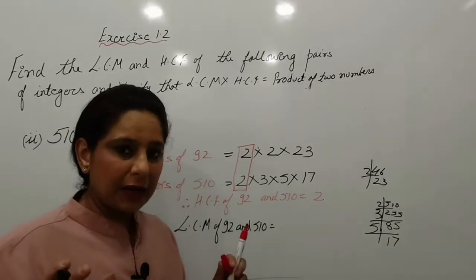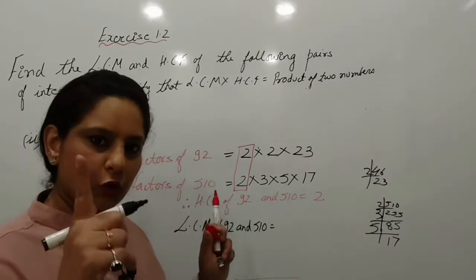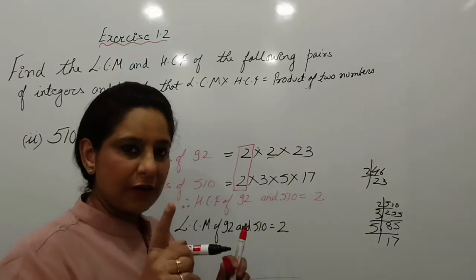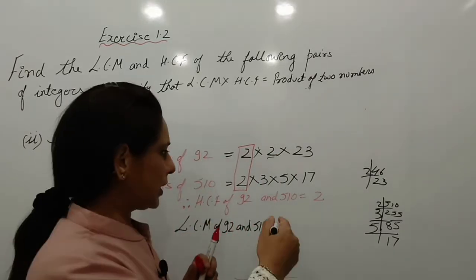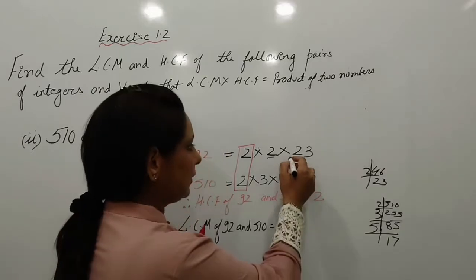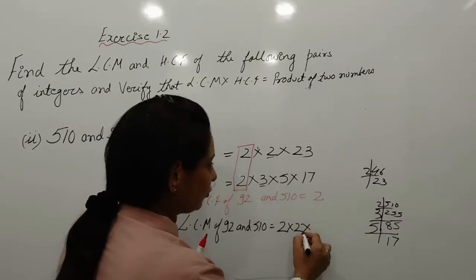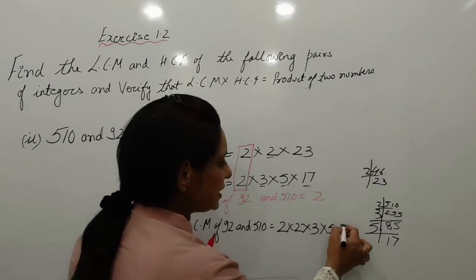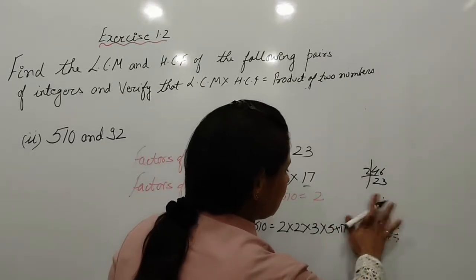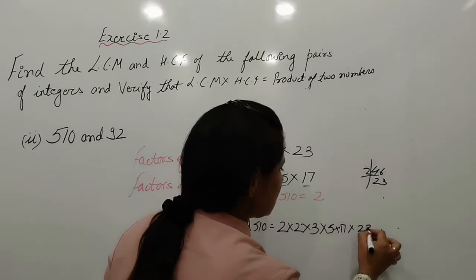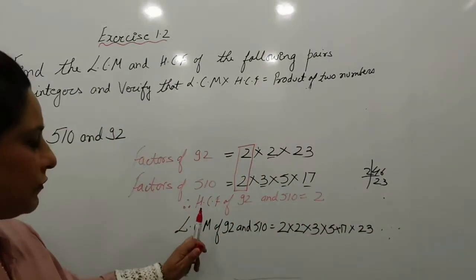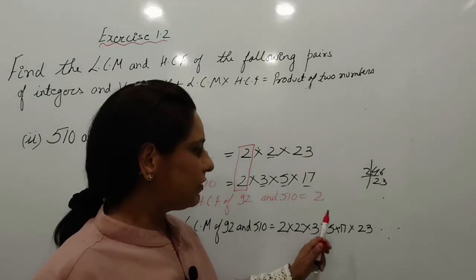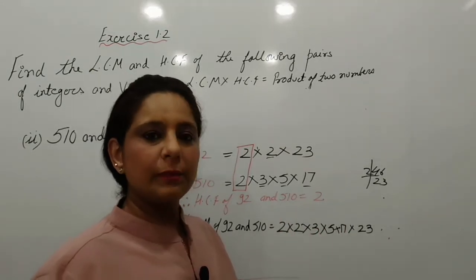अब LCM के लिए मैंने आपको क्या बताया था, जो कॉमन फैक्टर है वो हम अकेला लिखेंगे. Now this is one more common factor जिसके साथ कोई नीचे मैचिंग नहीं है, उसको भी एक बार और लिखेंगे. फिर ये एक है 3, then we have 5, then we have 17 and then we have 23. So the LCM of 92 and 510 is 2 into 2 into 3 into 5 into 17 into 23.